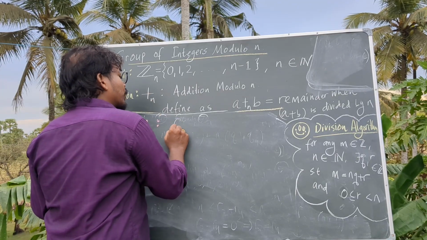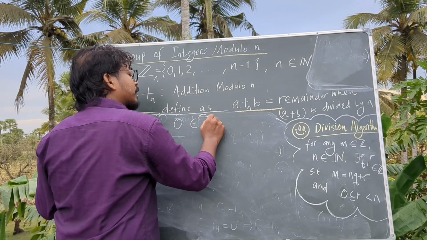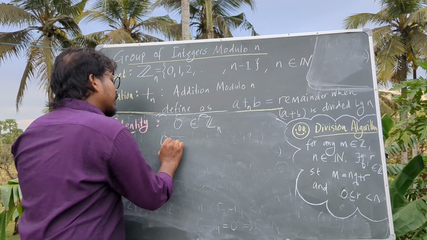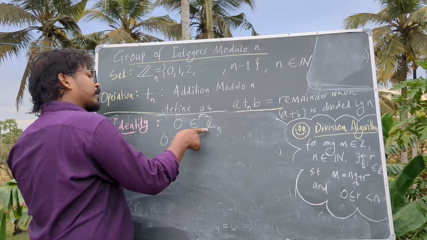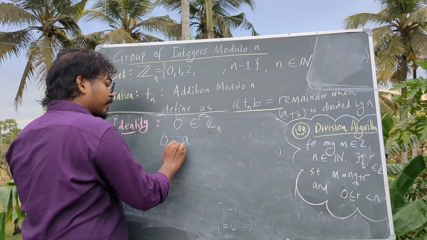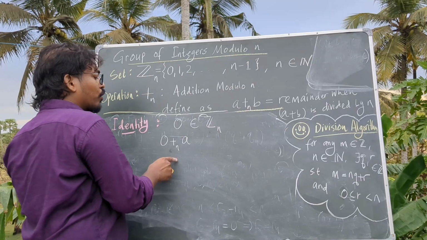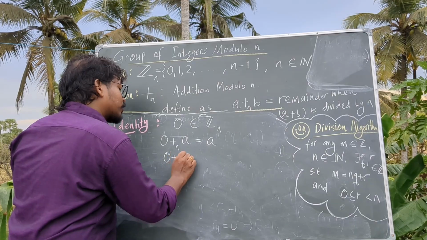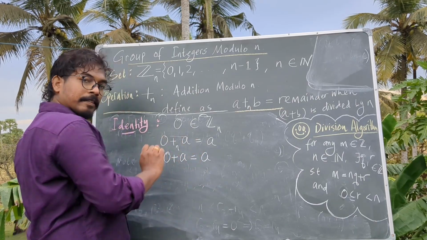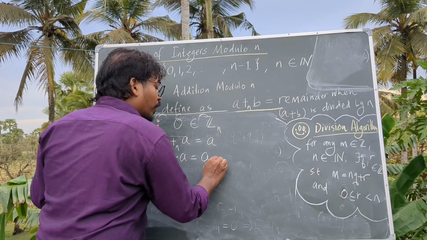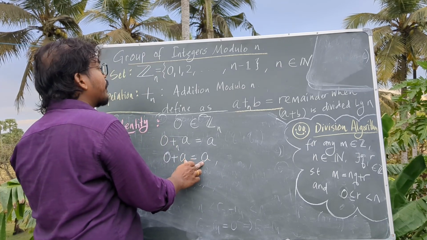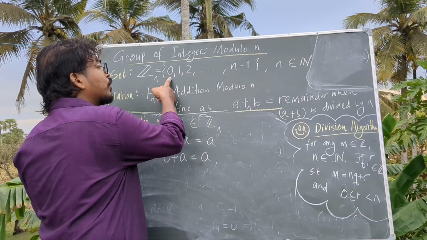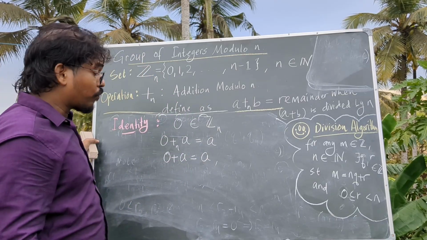See, we have 0 in the set Zn, and 0 plus any element A of this set Zn with our operation, addition modulo n, gives A, because 0 plus A is A, and when A is divided by n, I get A back, because A is a number between 0 and n minus 1.